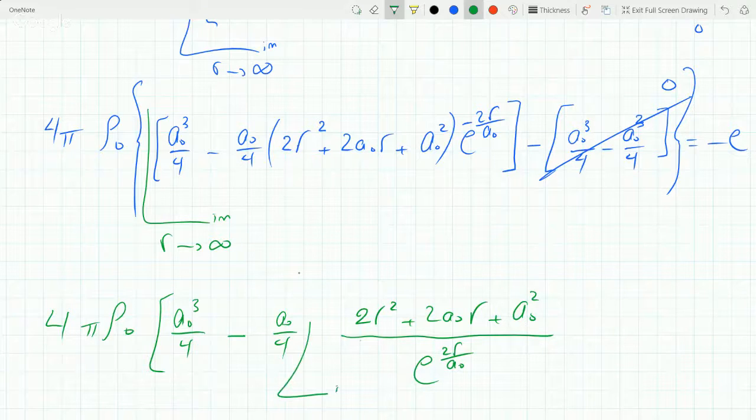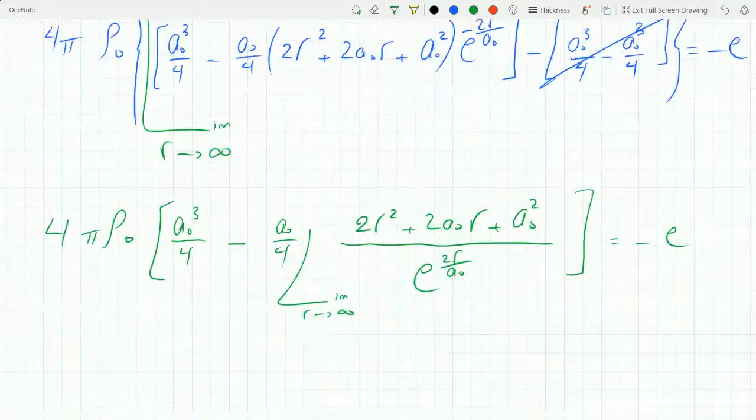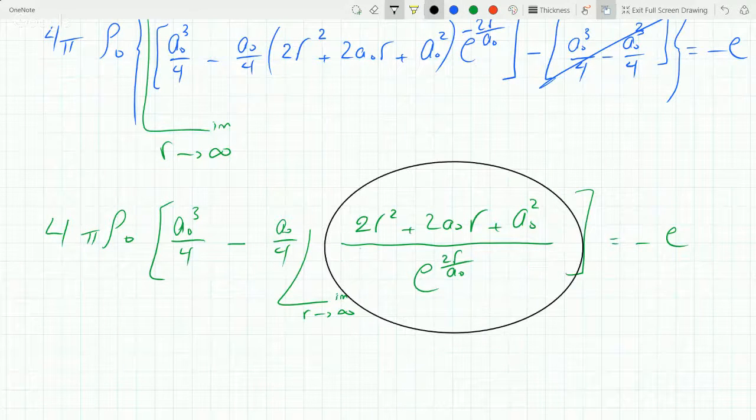And then we're going to take the limit as r goes to infinity, equal minus e. Okay, so of course with this guy here, we're gonna get infinity over infinity as we said.